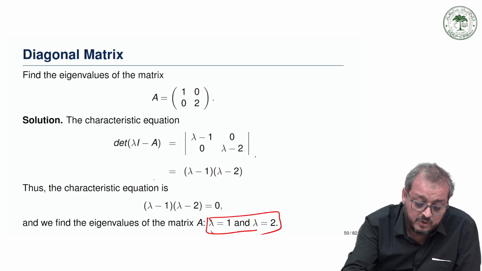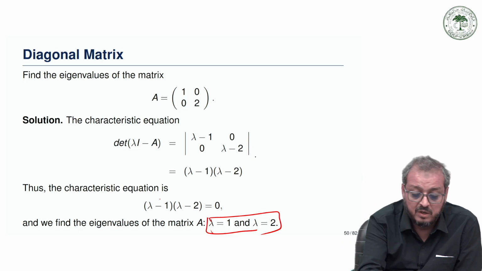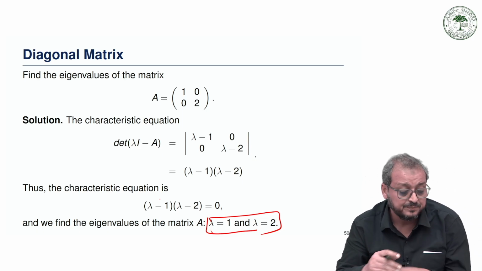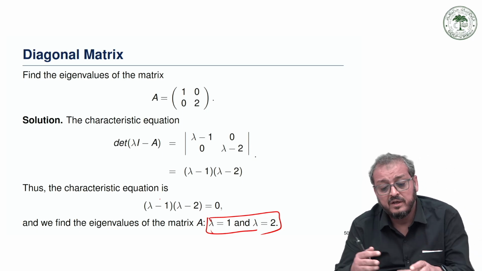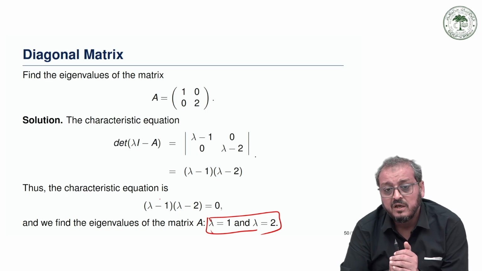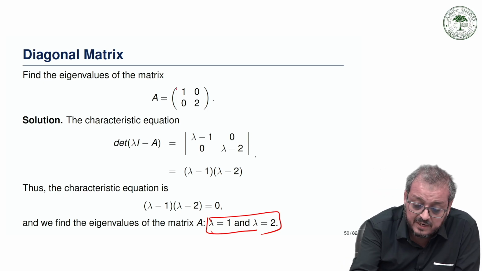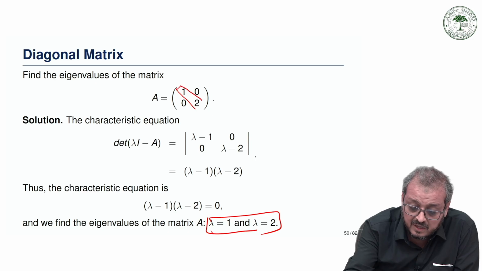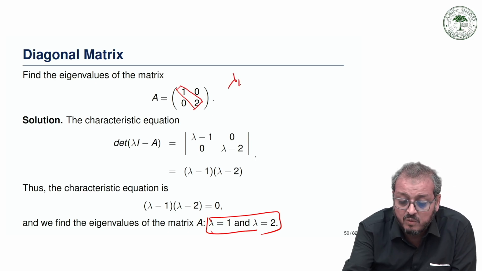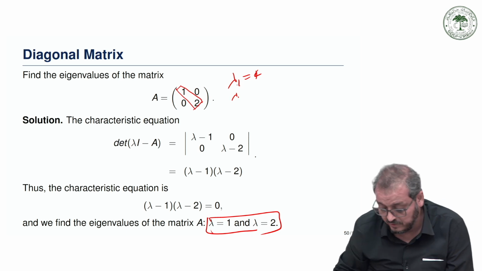We can simply say that the eigenvalues are the diagonal entries of this matrix, so lambda 1 is 1 and lambda 2 is 2.